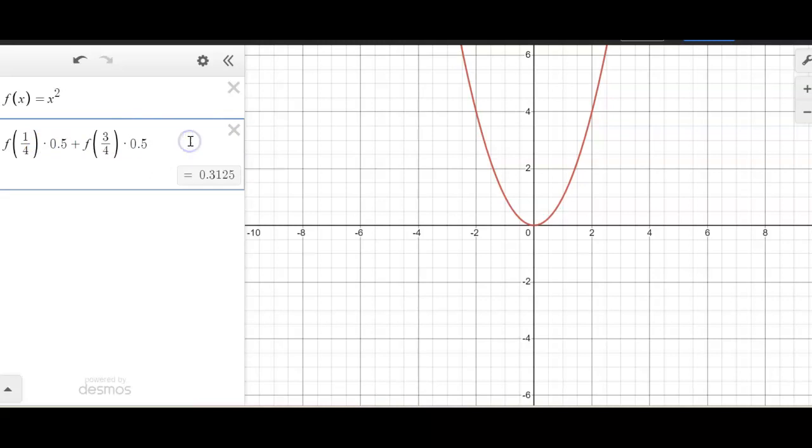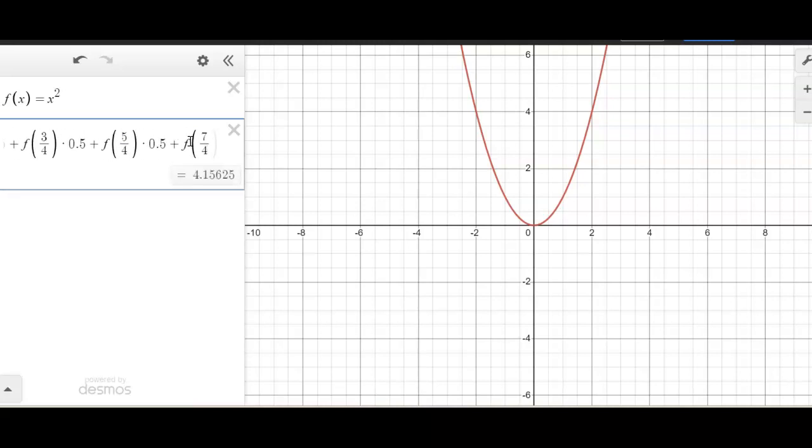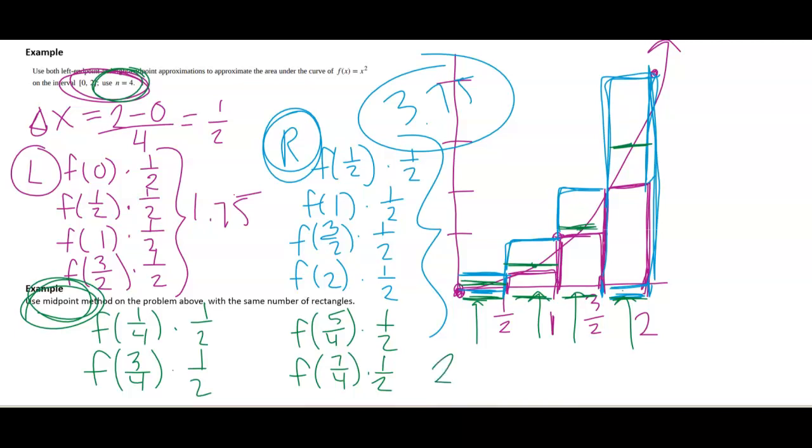There we go. f of 5/4 times 0.5 and f of 7/4 times 0.5. All right, and that looks like it's 2.625, which is probably a better estimate of the actual area.